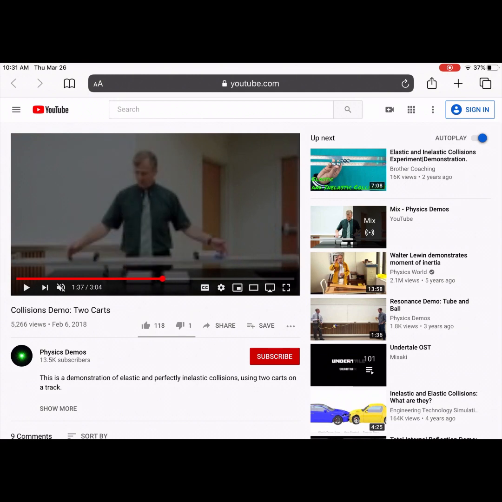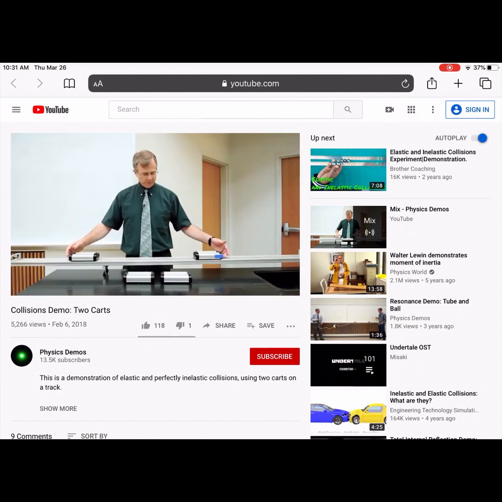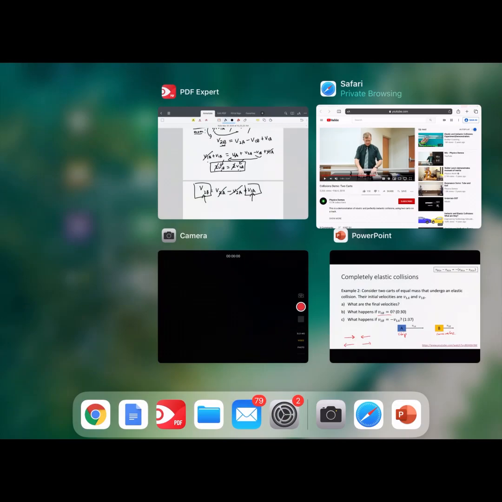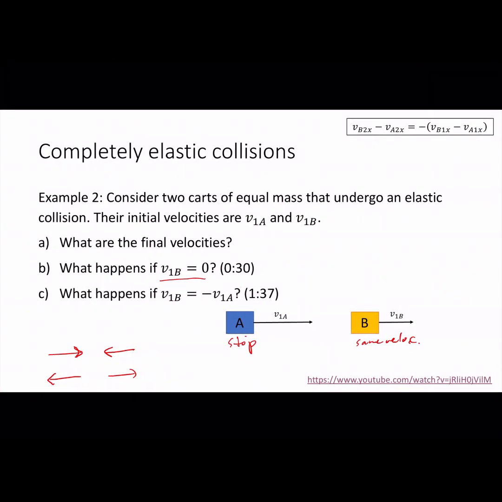So he's going to do his best to try to throw these guys at each other with the same velocity. And here you go. Cheated a little there. So you can see, to the best of our experimental ability to do this, they will indeed exchange their velocities.